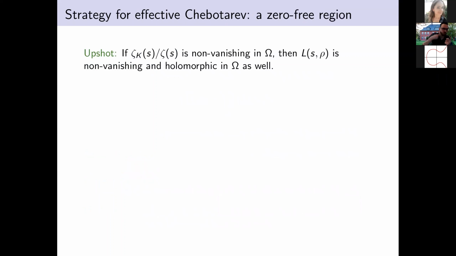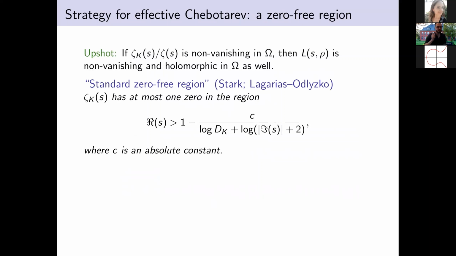So the strategy for an effective Chebotarev density theorem is to get a good zero-free region for this zeta function. And this standard zero-free region is due to Stark and also Lagarias and Odlyzko, and it essentially asserts something of the following shape. You have at most one zero in this region that gets really, really close to the 1 line as s goes off to infinity.